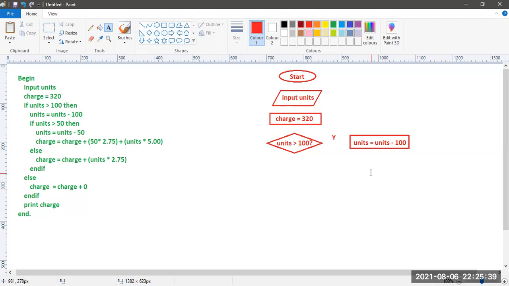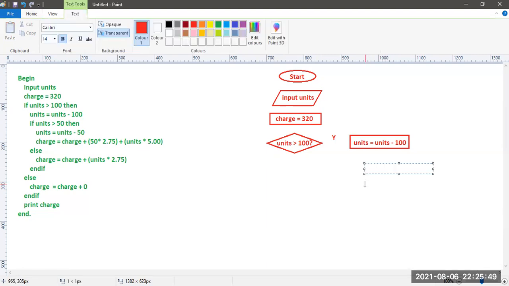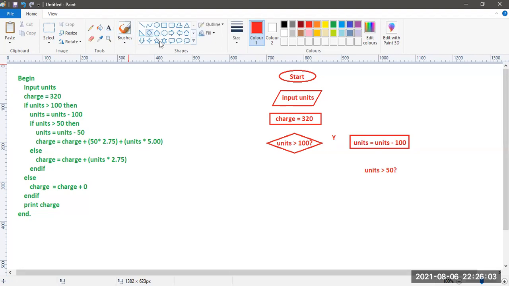Units are greater than 50, question mark. Another question is being asked, so I'm going to put that into a diamond here.